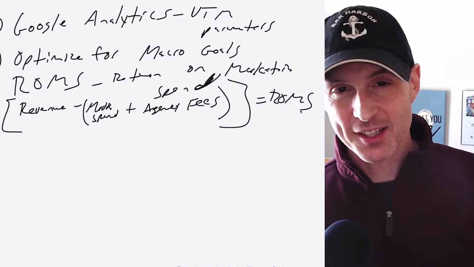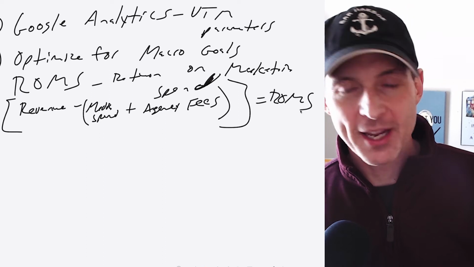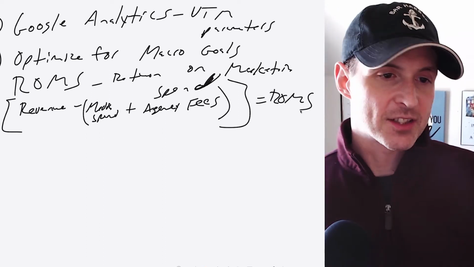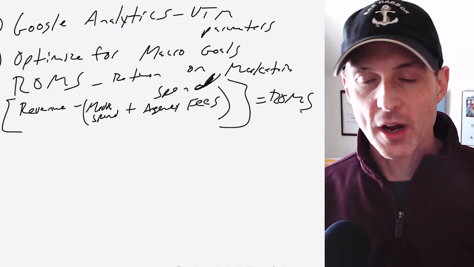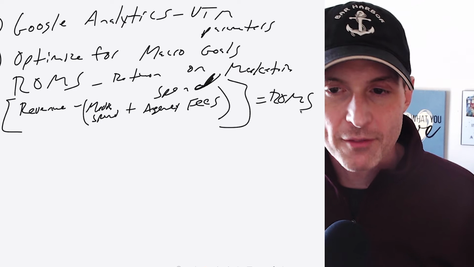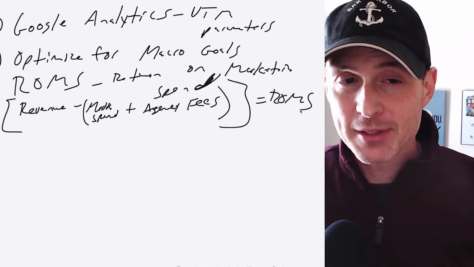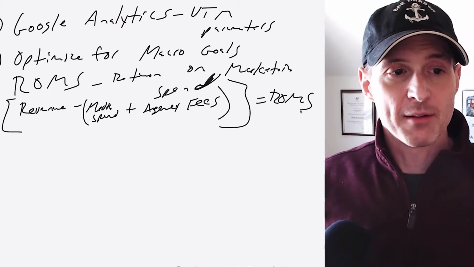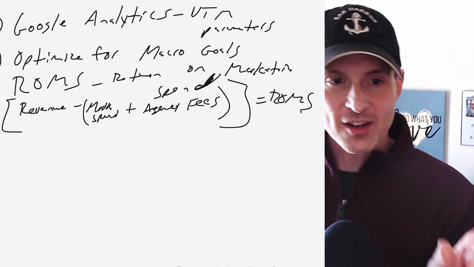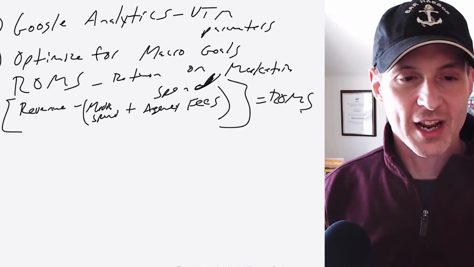It's a pretty basic equation. It gets complicated if you're using multiple platforms. So if you're running Google ads, Pinterest ads, Facebook ads, you're going to want to put all that spend together, take the overall store revenue and Amazon revenue, and say revenue minus that number plus whatever you charge as an agency.